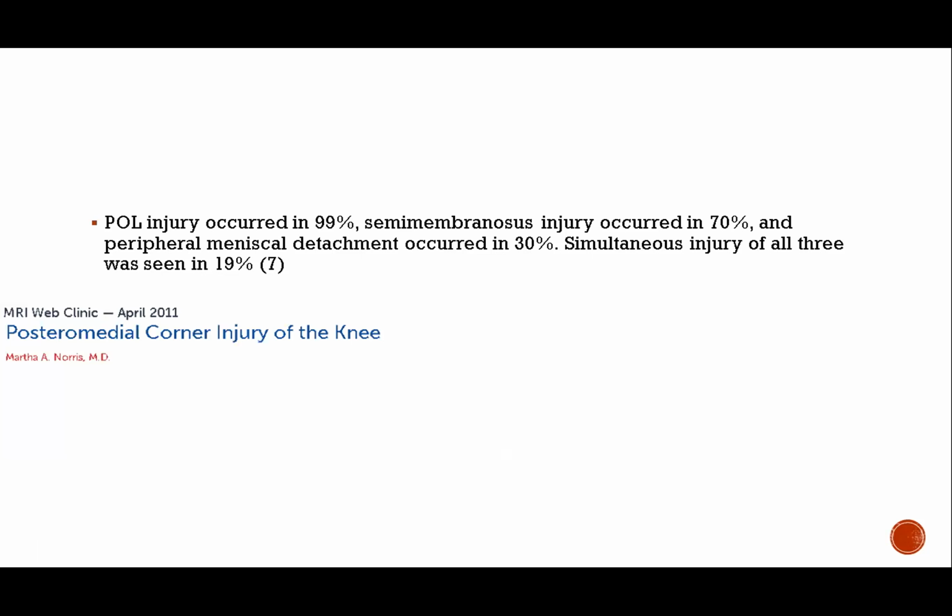So in PMC injuries, the semimembranosus was involved in 70%, and peripheral meniscal detachment, an injury of all three, was seen in 90%. The POL is the most commonly injured structure.